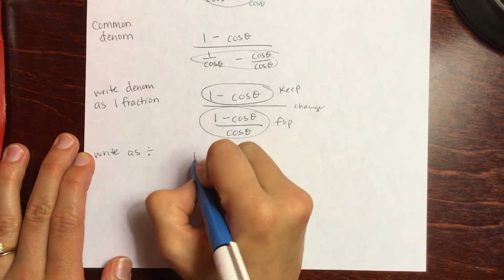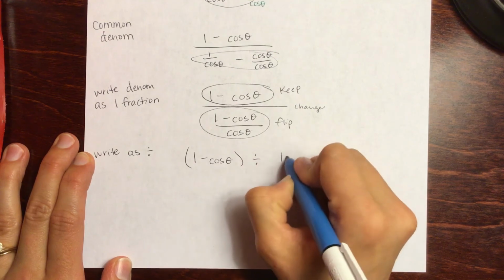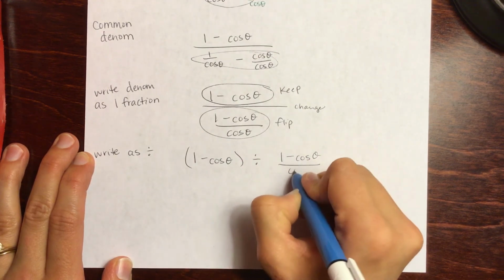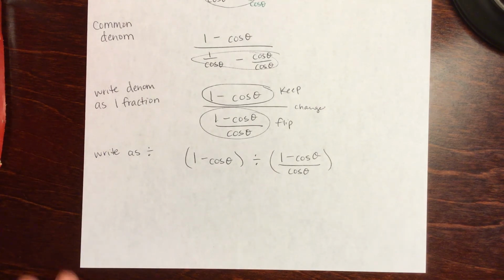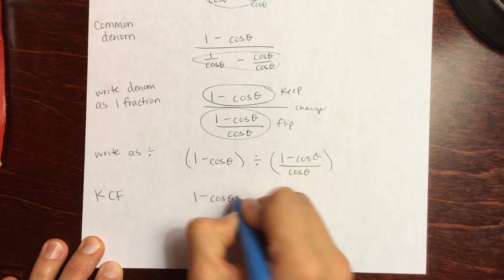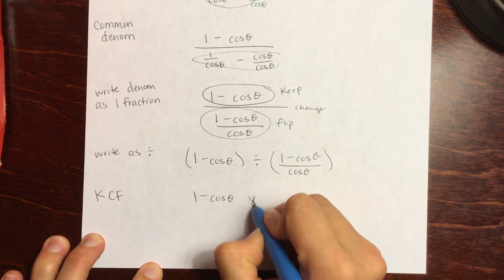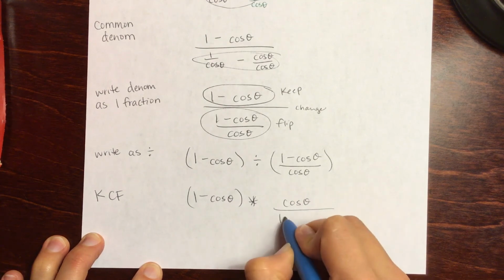So if I write it as division, I have the top divided by that bottom fraction. I just put parentheses there to make it super clear. And now I can keep change flip. So keep the top as is, change the division to multiplying, and flip the second fraction.